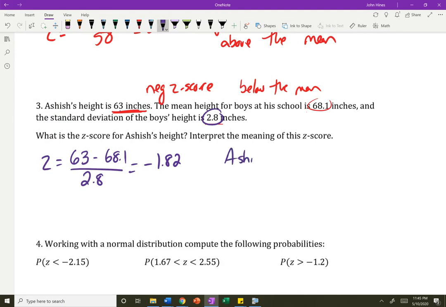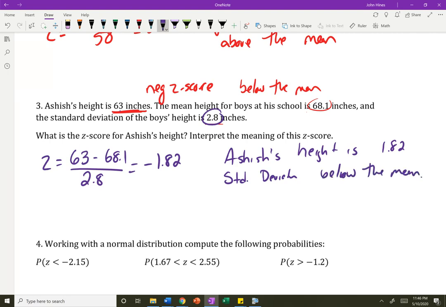So Ashish's height, that's a fun name to say, is 1.82 standard deviations below the mean. That's how I get a z-score: value minus mean over standard deviation.